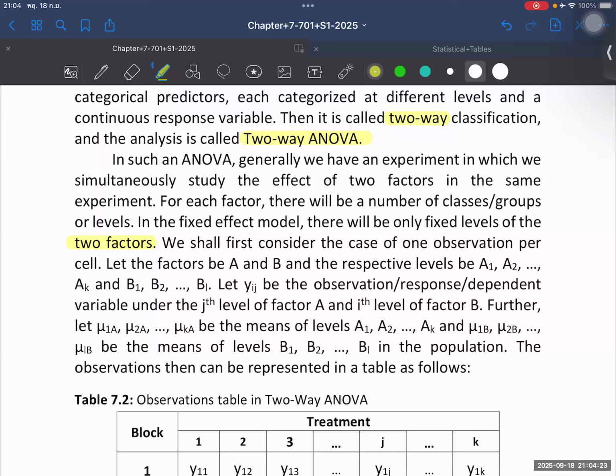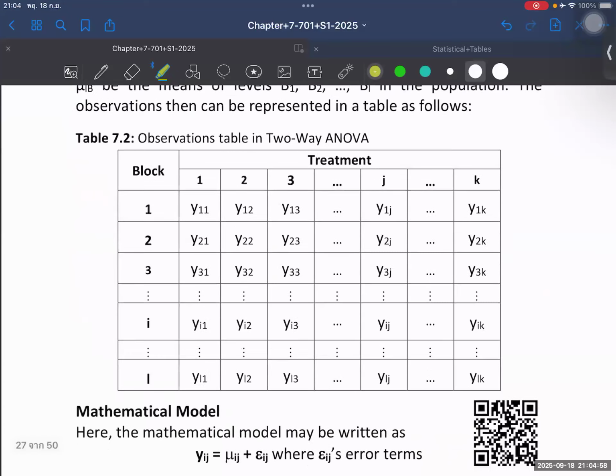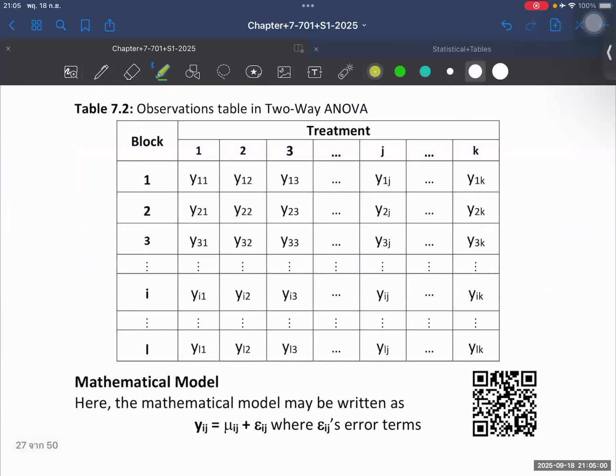We call them factor A and B respectively, and A1 to AK are the K levels of factor A, and B1 to BL are the L levels of factor B. So Yij is the observation, the response or dependent variable, under the ith level of factor A and the jth level of factor B. Okay, so we will discuss the two-way ANOVA table.